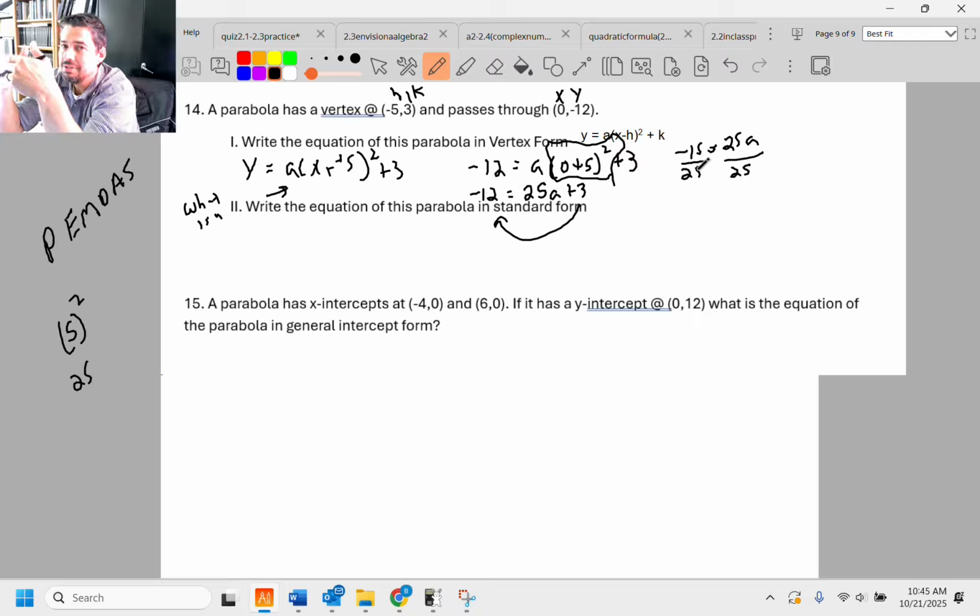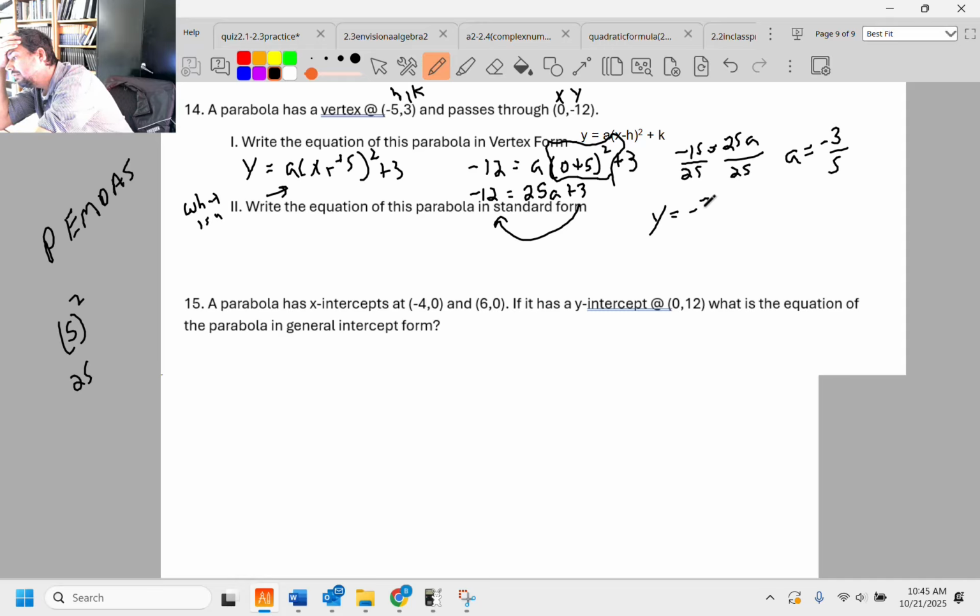Anyways, both those numbers are divisible by 5. 15 divided by 5 is 3. 25 divided by 5 is 5. So I get that a is -3/5. So my equation in vertex form is simply y equals -3/5 of (x plus 5) quantity squared, and then plus the 3. That's part 1.